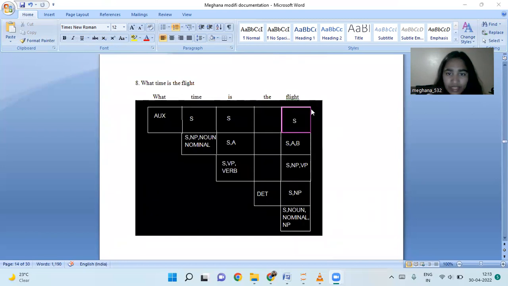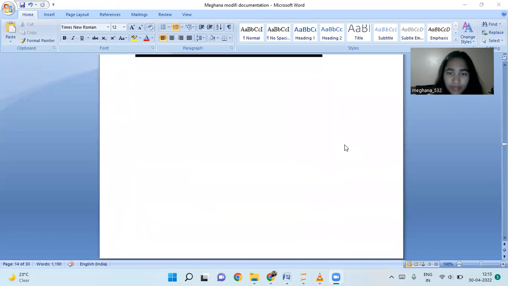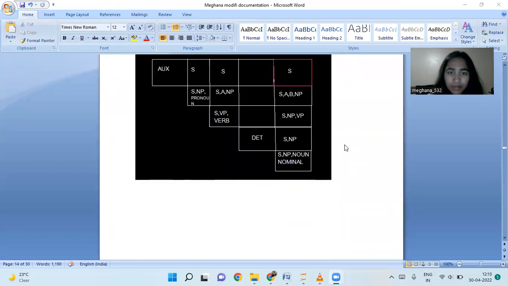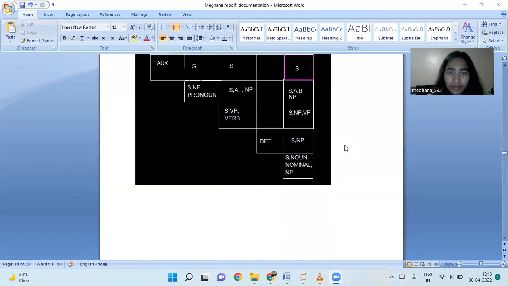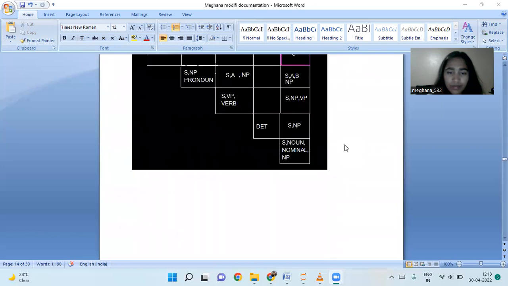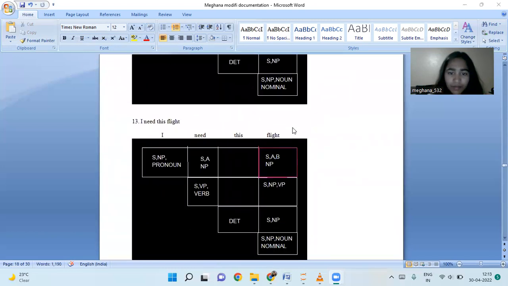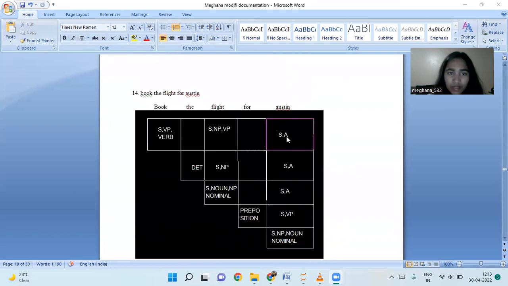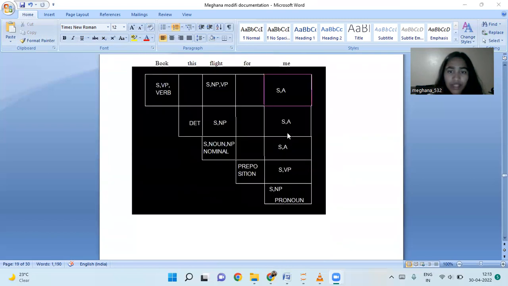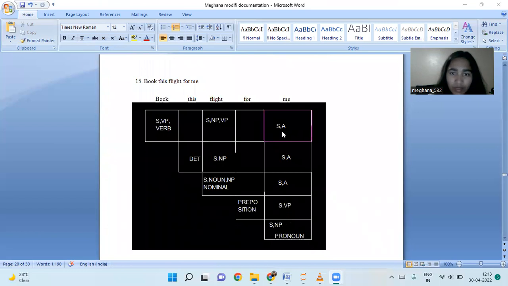The final cell contains the symbol S, so this sentence is also accepted by the grammar. I want this flight, S, yes. And the final table contains S, so this is also accepted by the grammar.